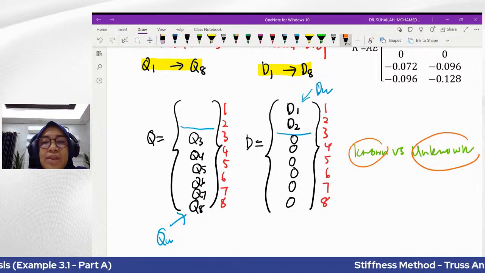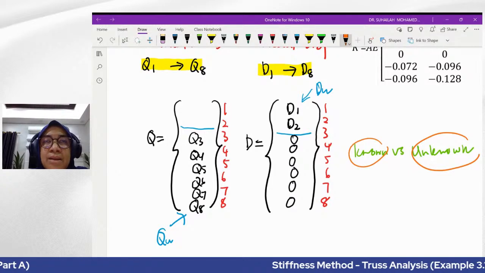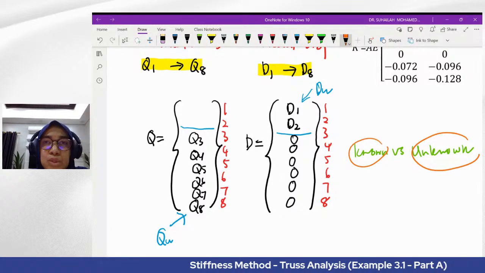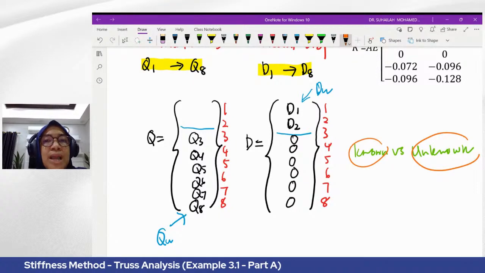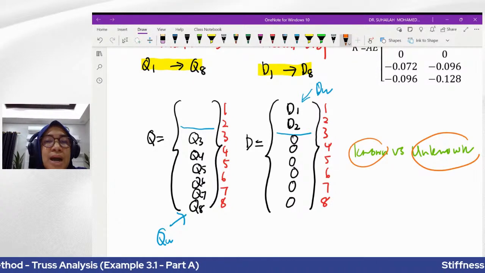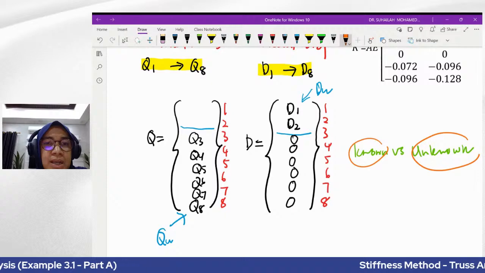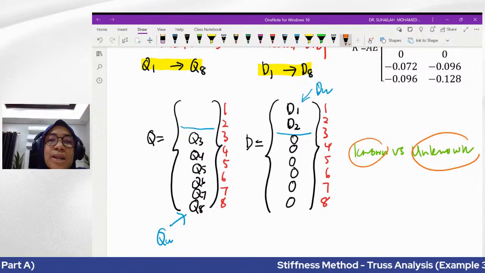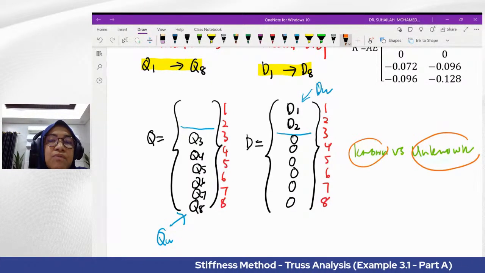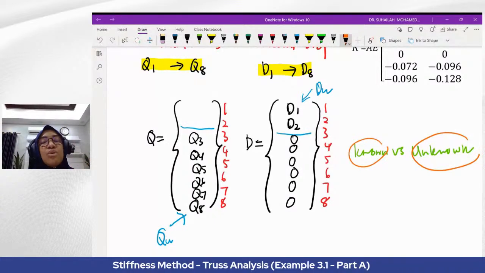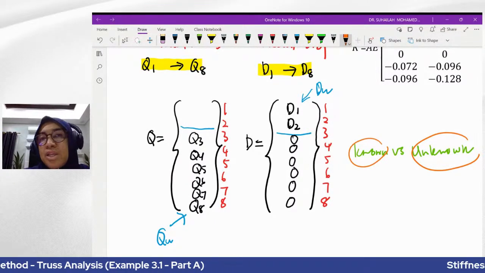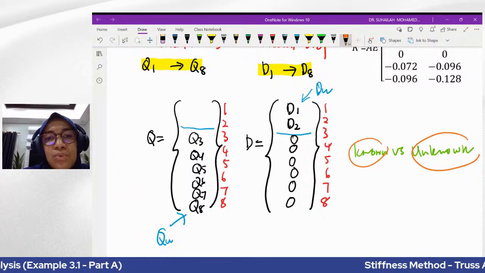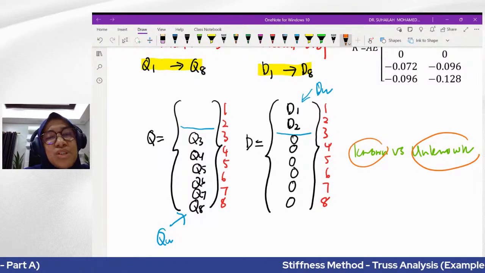And if we look at position number 1 and number 2, for both Q and D, if D1 and D2 are the unknown, then at position 1 and position 2 for Q will be known values. We cannot put Q1 and Q2 as unknown because at 1 and 2 we must put forces.